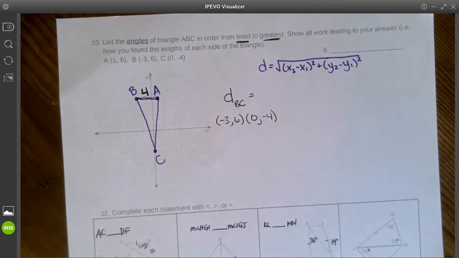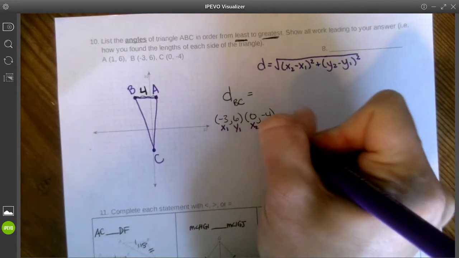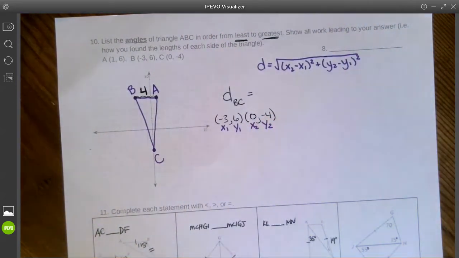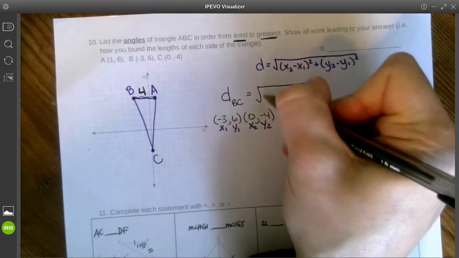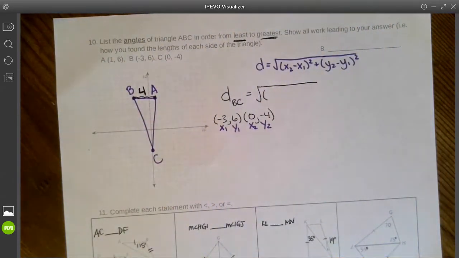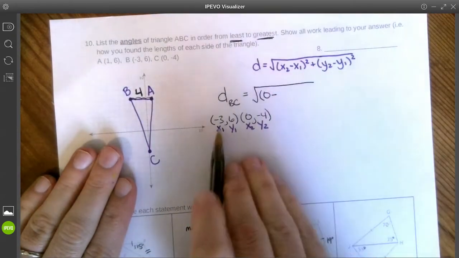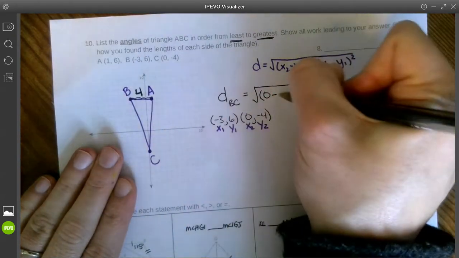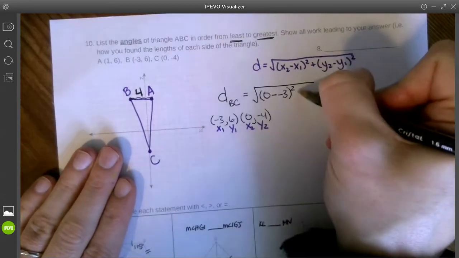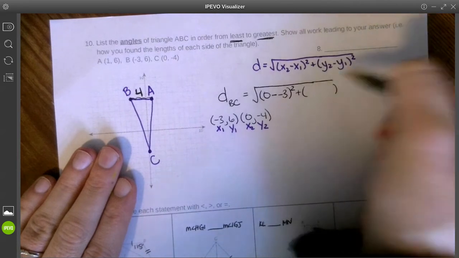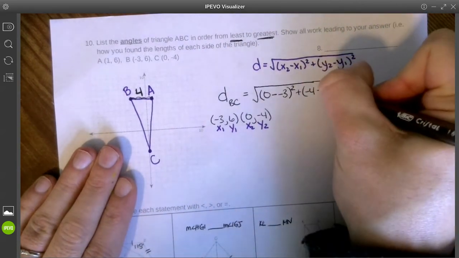I'm going to label those x1, y1, x2, y2, and plug them into our distance formula. x2 minus x1: x2 is 0, minus x1 is -3, plus y2 minus y1: y2 is -4, minus y1 is 6.